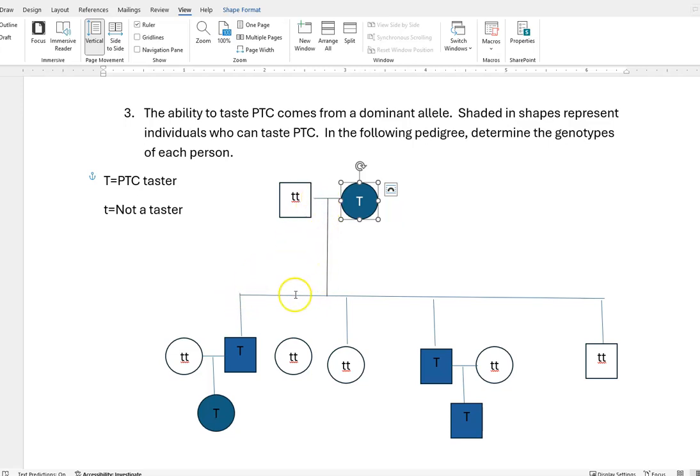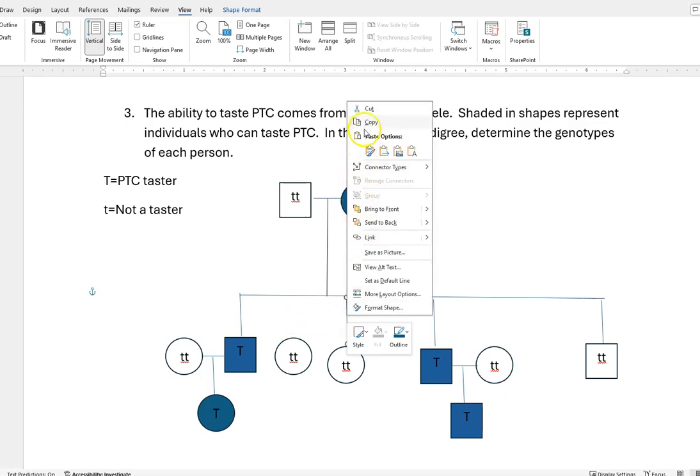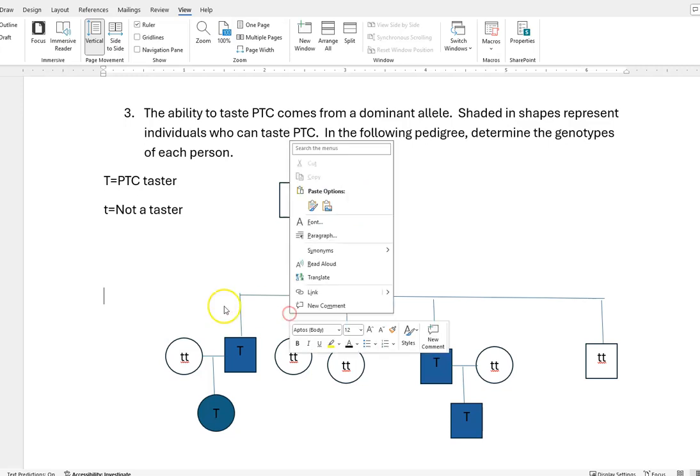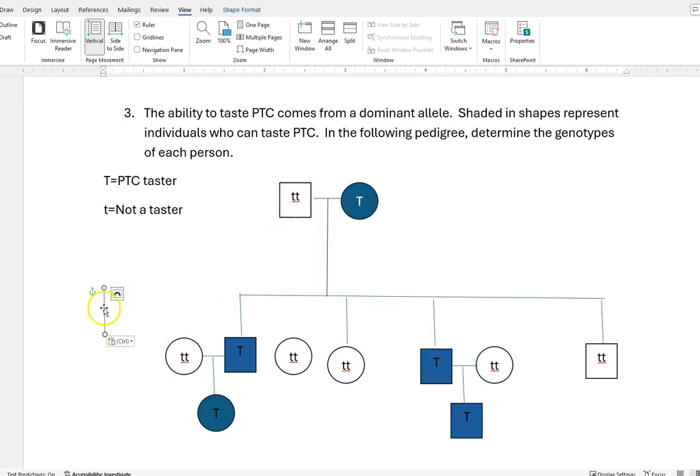So if we follow it down, they've got a son, they've got a daughter, they've got another son, another daughter, and another son. And this individual is just hanging out there because I forgot to draw the line connecting them. But we can make them another daughter if we want. And put them in the family there. Okay? All right.